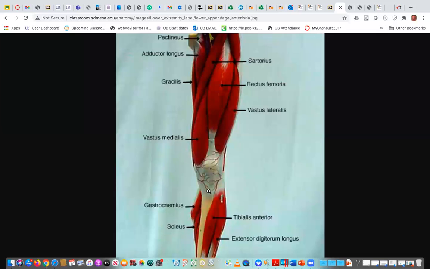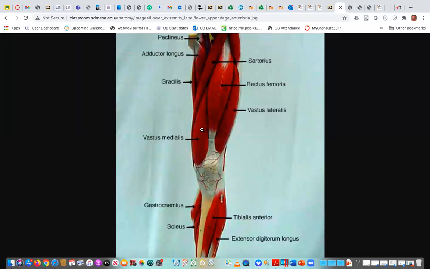But from a functional perspective, really all it is an extension of this. It's just an extension of this tendon crossing over. So if we want to name it from a functional perspective, then we can, and then we'd call it a tendon, but it's the infrapatellar tendon. Up here, it's the patellar tendon, below infrapatellar tendon, okay?